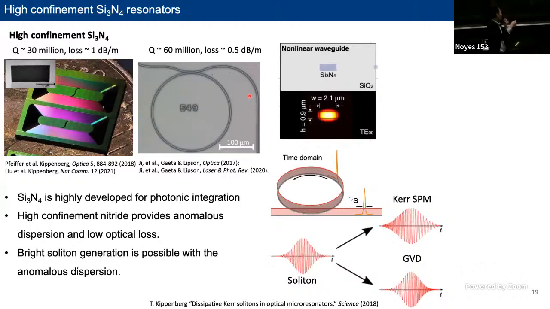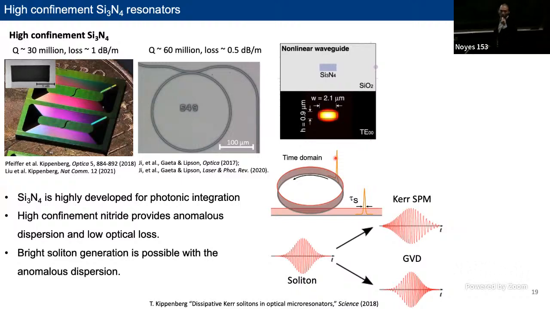Optical solitons are optical pulses. If you see here, we have the optical pulses traveling around the microresonator. A soliton microcomb is this kind of optical pulse whose dispersion and nonlinearity balance each other so that this pulse will not disperse when it is propagating along the medium.